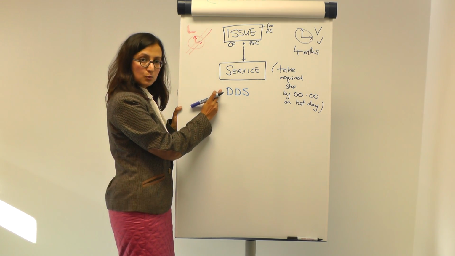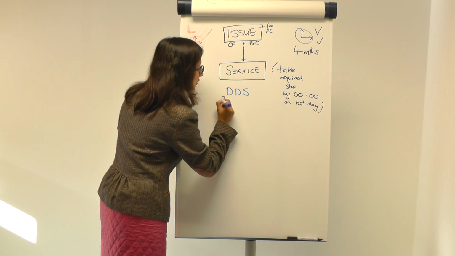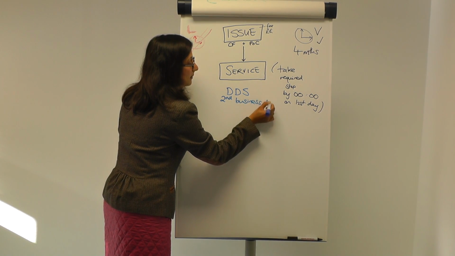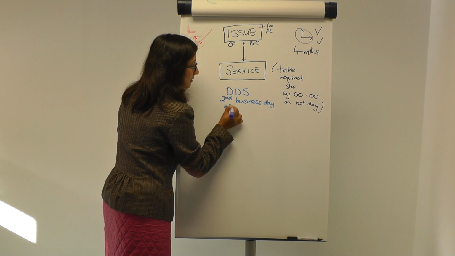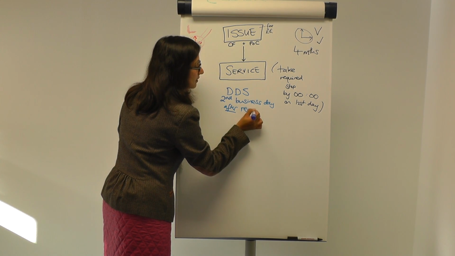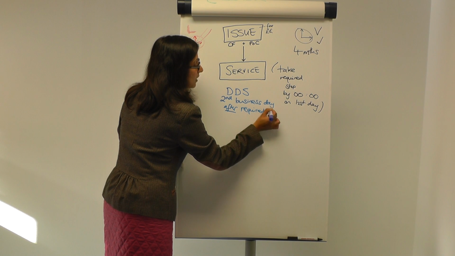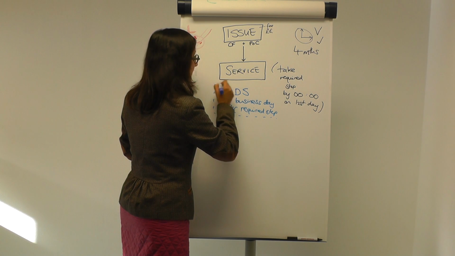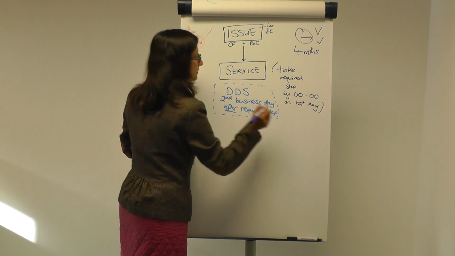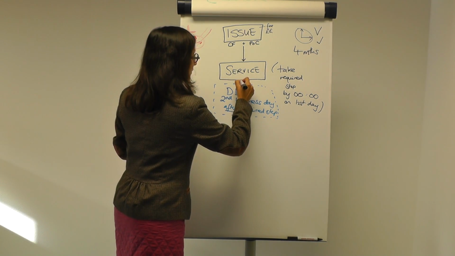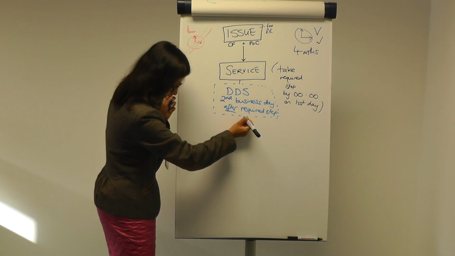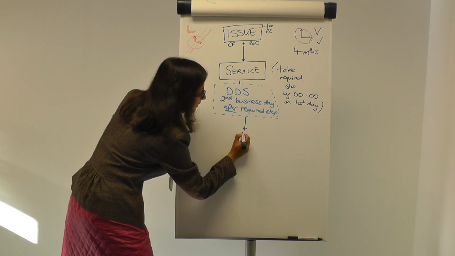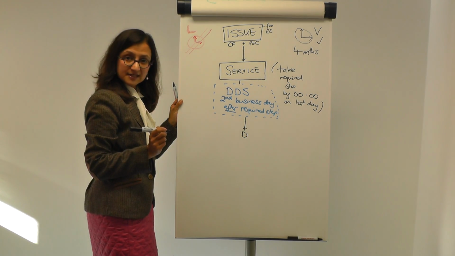And then the claim form will be deemed to be served on the second business day after the required step. And that is very important as a piece of information for us to remember. So that is part of our service diagram. And of course, then the service is on the defendant.